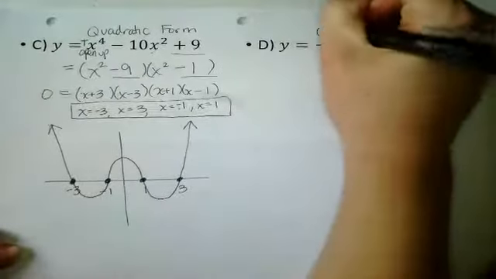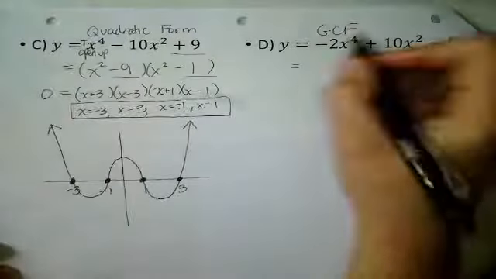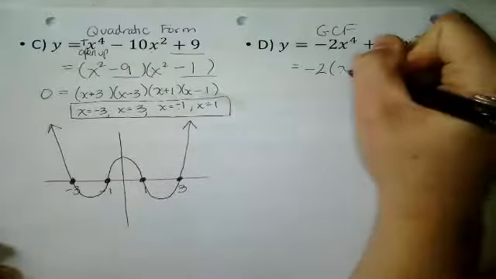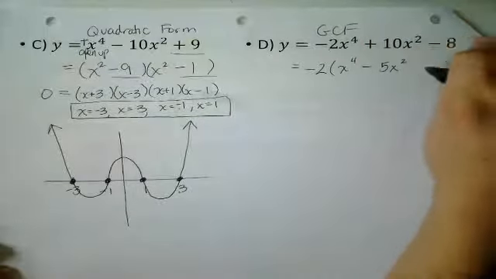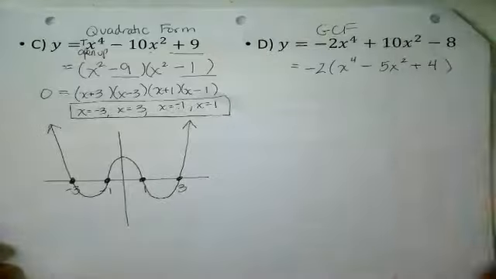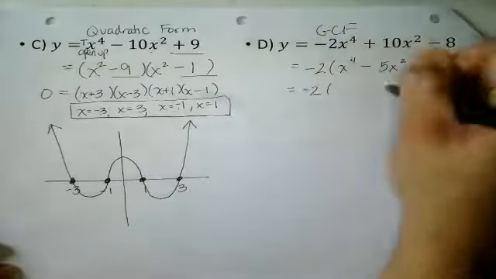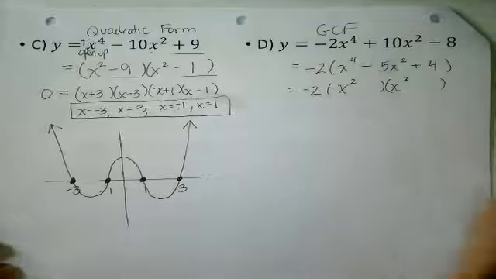All right, first of all, we have a GCF. Definitely a -2 can come out. So that would be x to the 4th minus 5x squared plus 4. And now this is quadratic in form again. So we double bubble. X squared times x squared is x to the 4th.